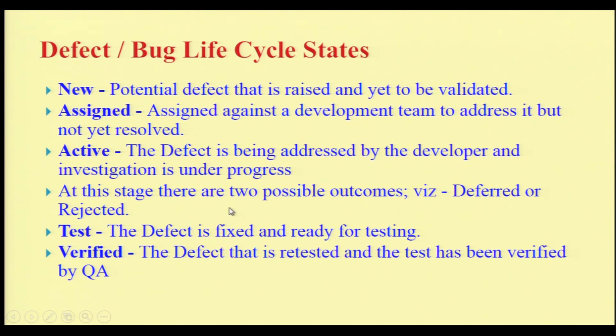At this stage, there are two possible outcomes: either the bug will be deferred or it will be rejected. Testing denotes the bug is fixed and ready for testing. Verified speaks about the defect that is retested and verified by QA. Who is a QA? Quality analyst. By the quality assurance team, it has been verified.